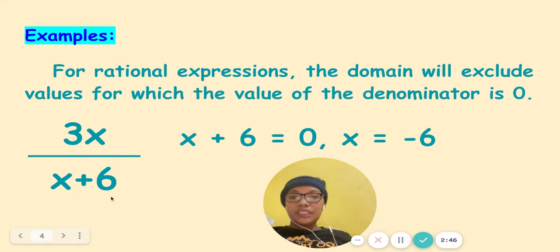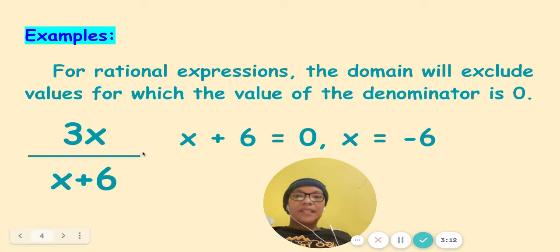So you just use your denominator, yung x plus 6 po. So equate nyo lang siya sa 0, then alam niyo na po yung process of transformation. So your x should not be equal to negative 6 because if your x is negative 6, that will give you a denominator of 0.